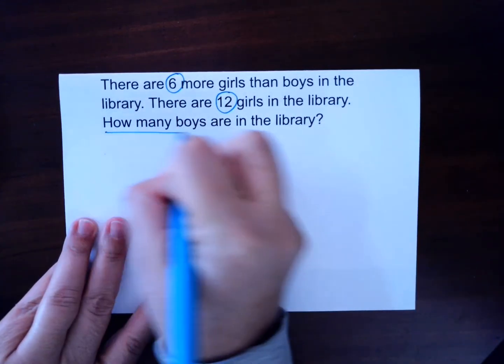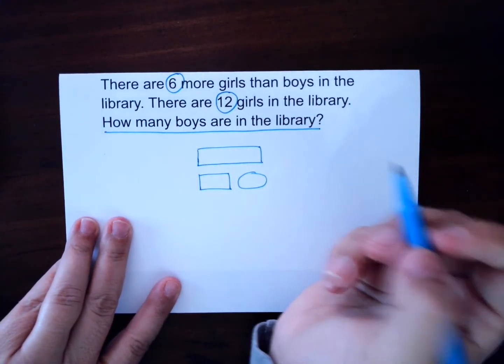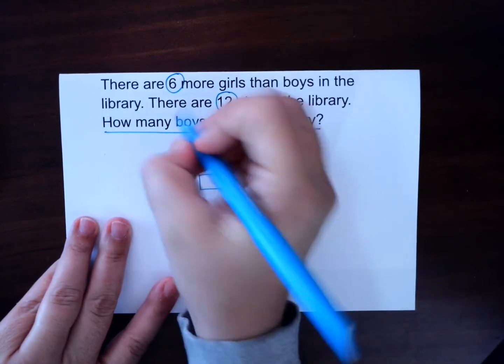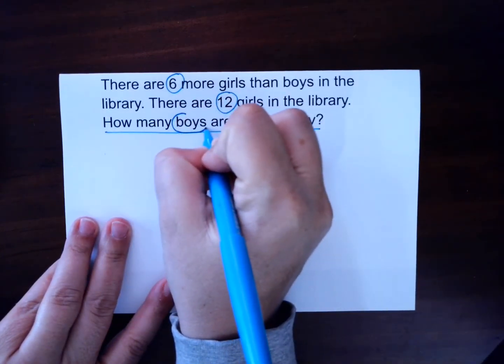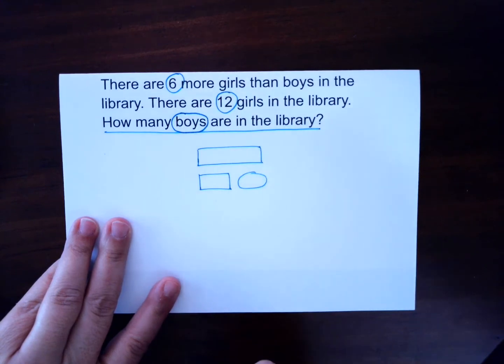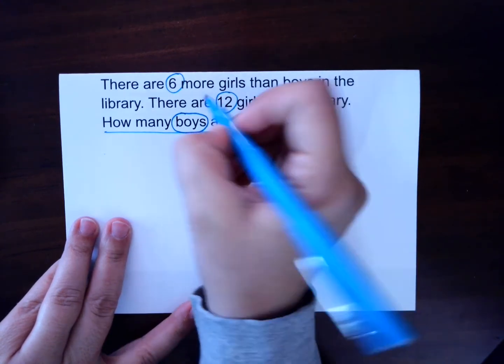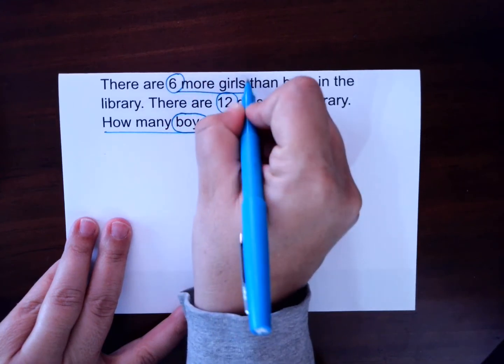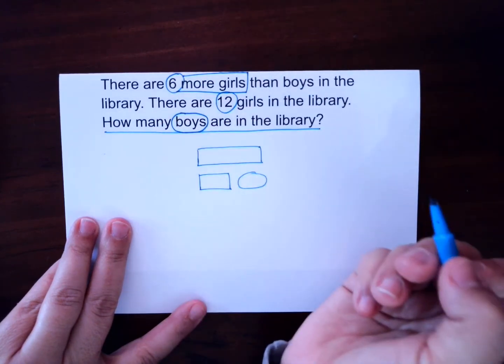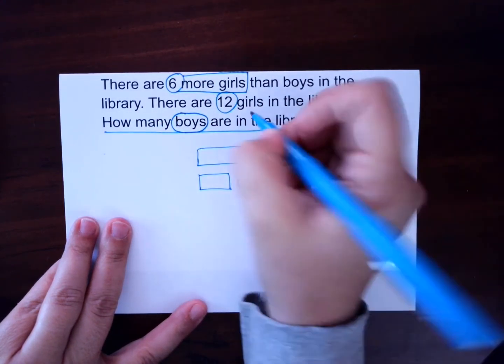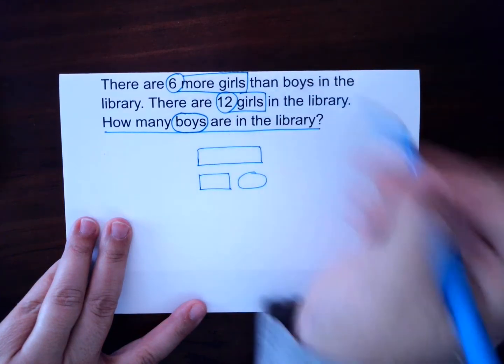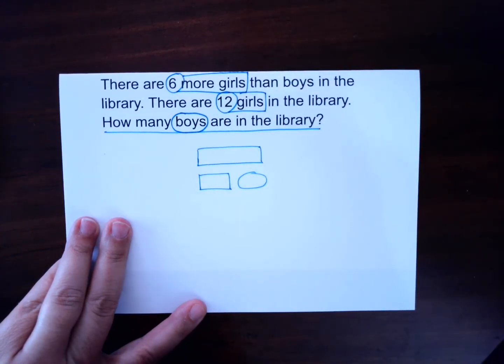I'm going to underline my question. How many boys? So that's what I'm trying to solve for. I'm going to circle any key words that are going to give me a hint. So I see more girls, and I know there are 12 girls, and I'm trying to figure out, again, how many boys there are.